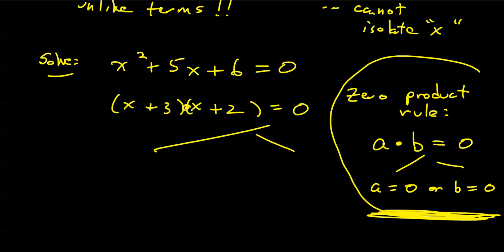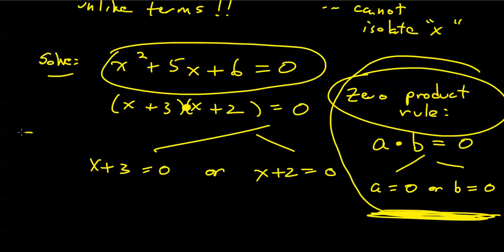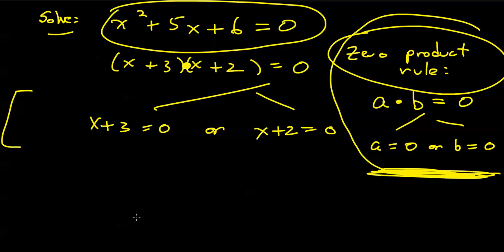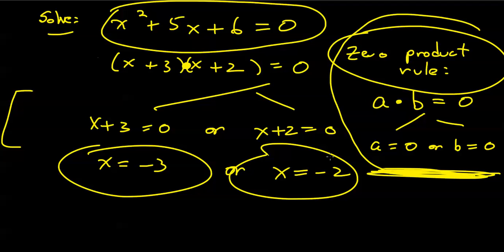I've got a product of factors equaling 0, so then I can set each factor equal to 0 independently, and this results in two degree 1 equations. We started out with a degree 2 equation, and using the zero product rule, we can branch off to two degree 1 equations, which now I can solve as in chapter 2 very easily. So I've got two solutions here, x equals minus 3 or x equals minus 2.